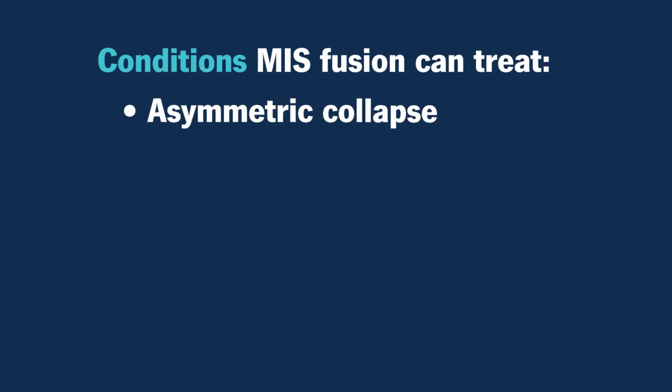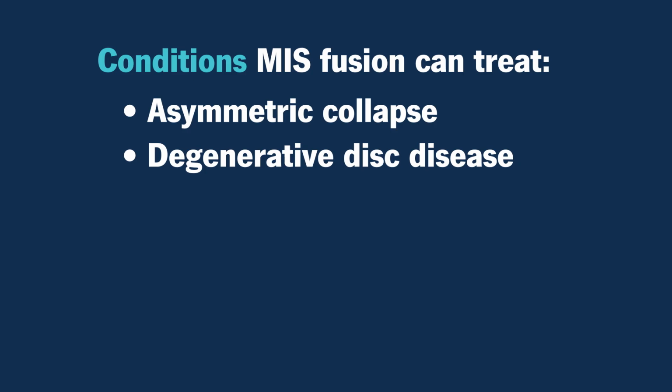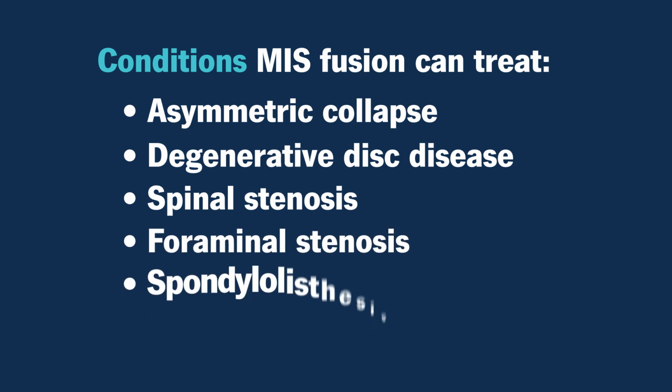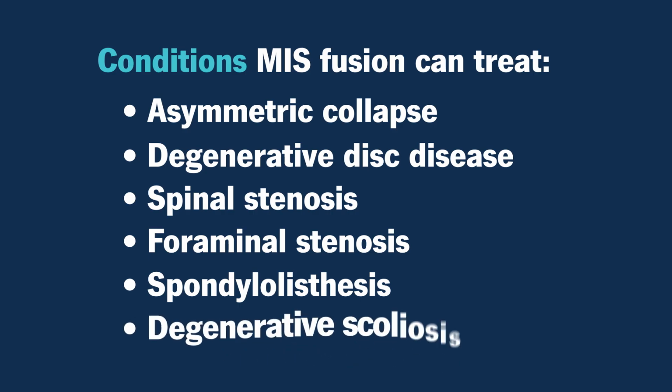And that oftentimes will help to improve pain. Asymmetric collapse and degenerative disc disease can be a reason to have a spinal fusion. Spinal stenosis, especially associated with instability. Foraminal stenosis, associated with foraminal height collapse. Spondylolisthesis and degenerative scoliosis are some of the most common reasons we perform spinal fusions.